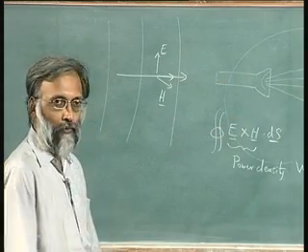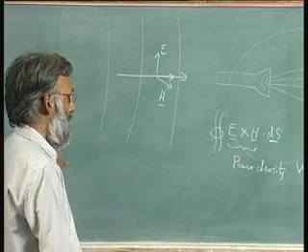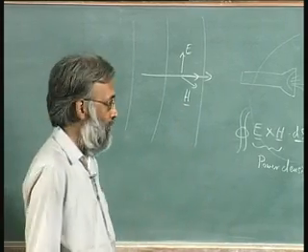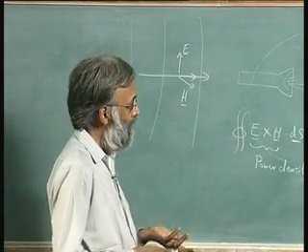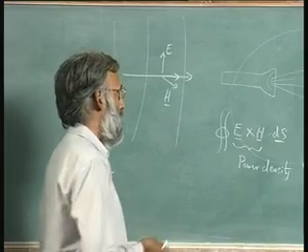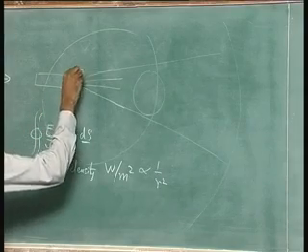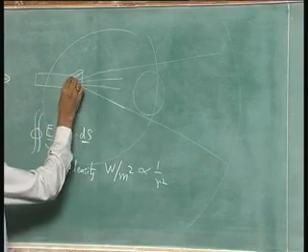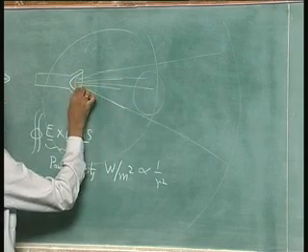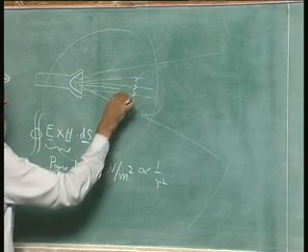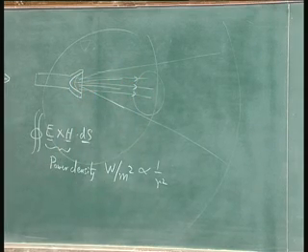Supposing I want information to travel from point A to point B without spreading out. Well, of course, I can design very good optics and make sure that the light does not diverge, and we do that.